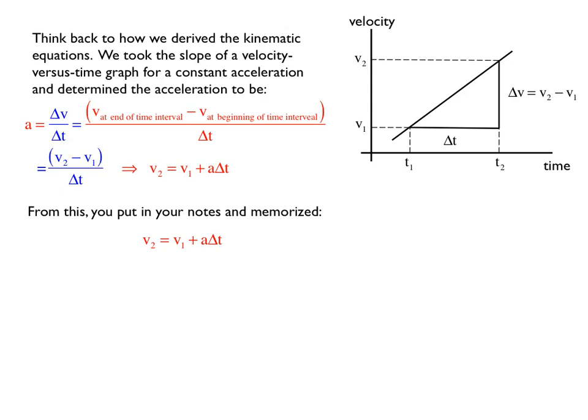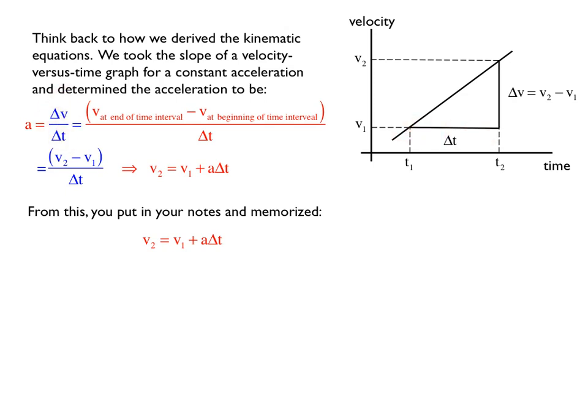The first one that we derived, we started with a velocity versus time graph for a constant acceleration situation. So it was a nice linear velocity versus time graph. And we know that the slope of the velocity versus time graph is going to end up giving us the acceleration. So we determined what the slope was, the rise over the run, and we did this operation.